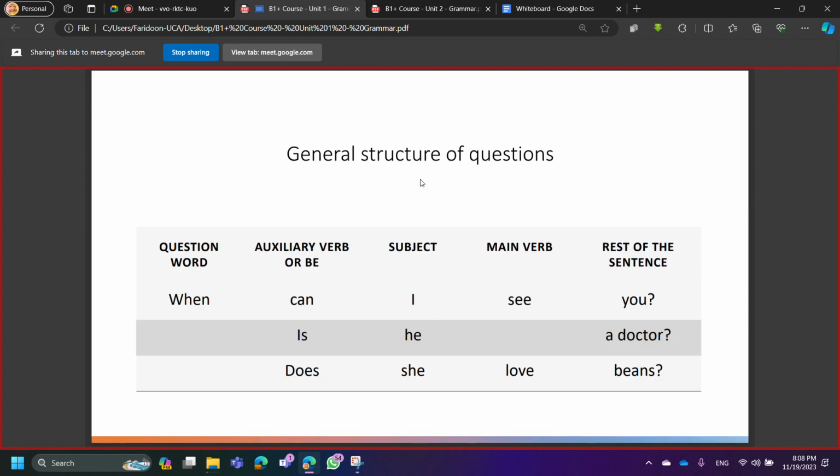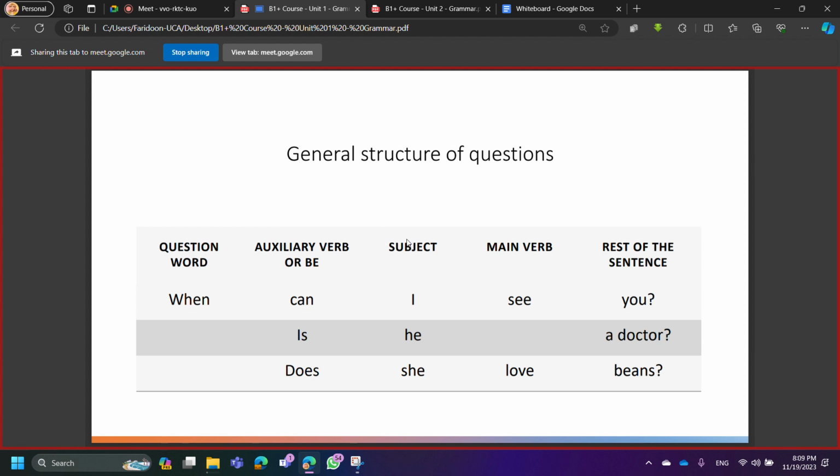And the general structure that many questions in English have comes in this category. At first, your question is going to start with a question word. This question word can be when, who, what, which. Most of these WH words can be called question words. After that, we're going to go to the auxiliary verb or, in general, the verb be itself.